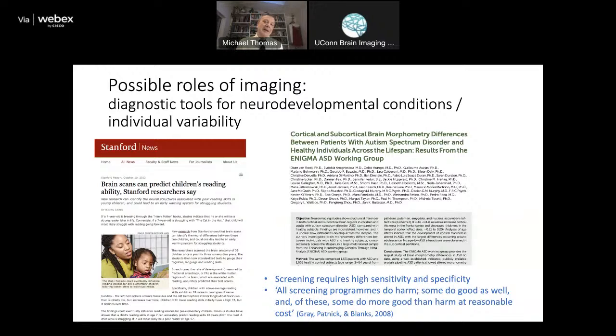Myself personally, I don't think when you look at behaviorally defined developmental disorders like ADHD or autism or dyslexia, conduct disorder, I don't really think you're going to see major differences in brain structure.